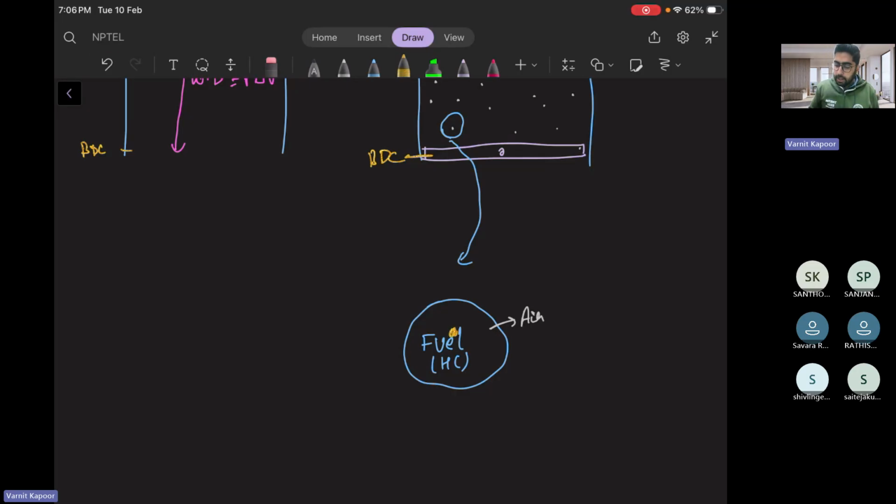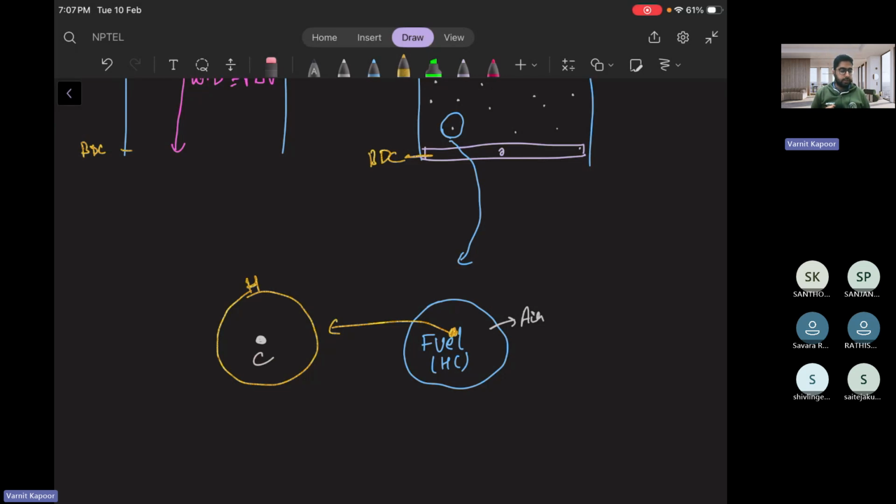Now let us zoom into this fuel. It's a hydrocarbon. Hydrogen being lighter is outside and carbon being heavier is inside the fuel. So in the hydrocarbon structure, this will be your carbon, whereas this will be your hydrogen.